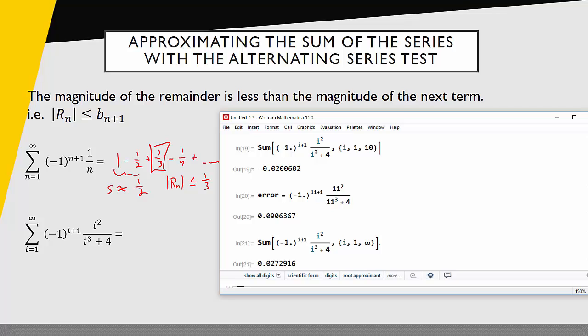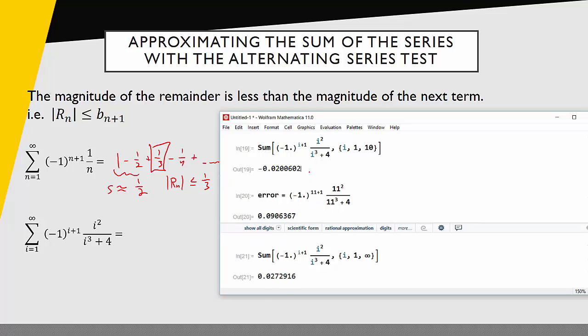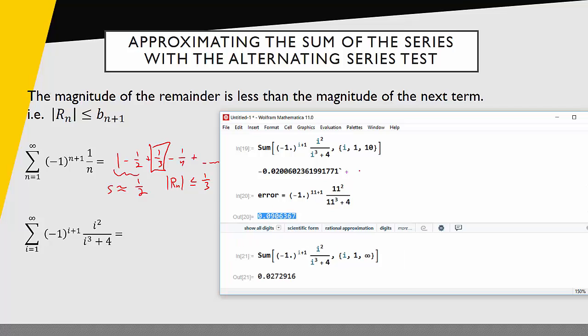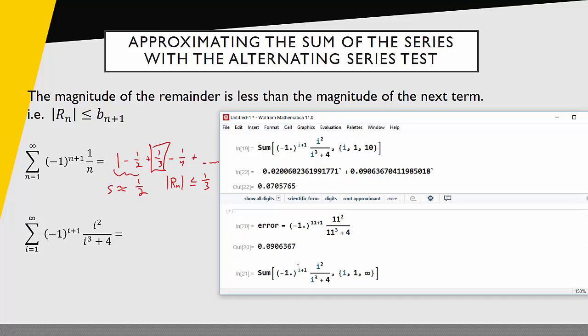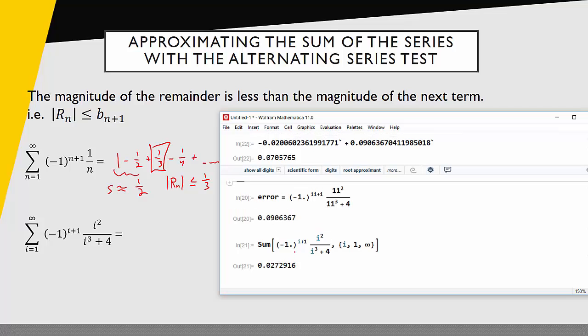So for instance, my approximation was this value, plus or minus this value. So if I take my approximation and I add in my error term, I should get a value that's bigger than the exact value. So I'll run that. I get 0.07, that is bigger than 0.02, so I have confirmed the value is correct.